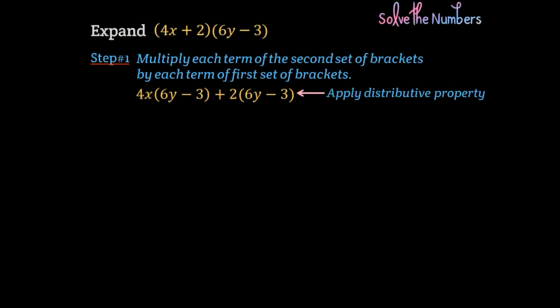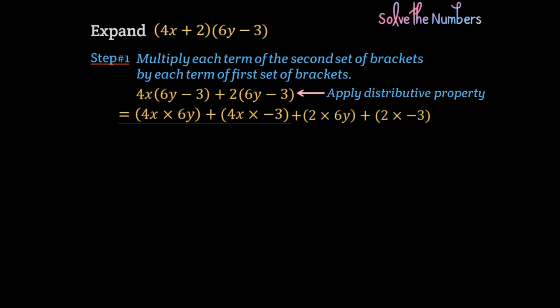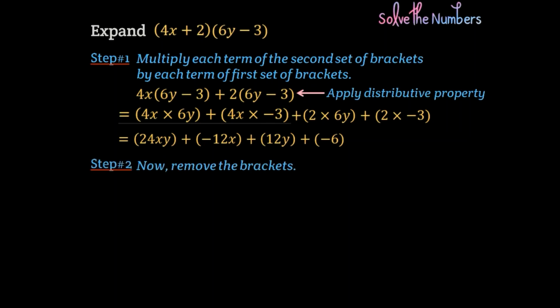And we get 4x times 6y plus 4x times negative 3 plus 2 times 6y plus 2 times negative 3, which is equal to 24xy plus negative 12x plus 12y plus negative 6. Now remove the brackets. Don't miss out on any negative signs.